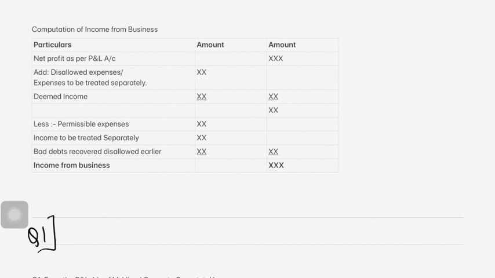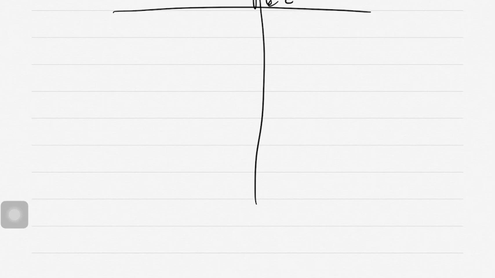For example, suppose there is an expense, like in your P&L account, and there is something called depreciation.